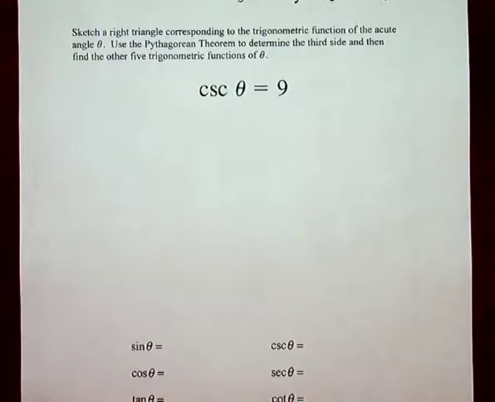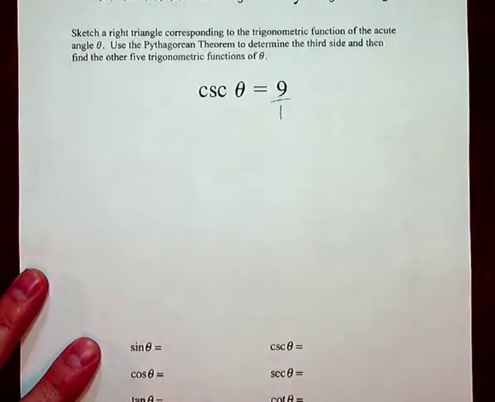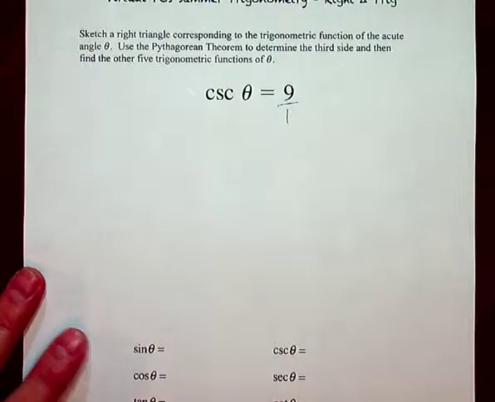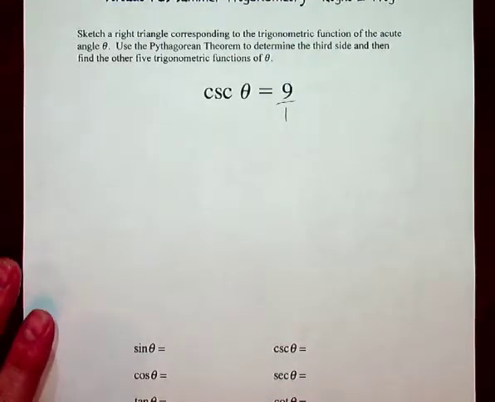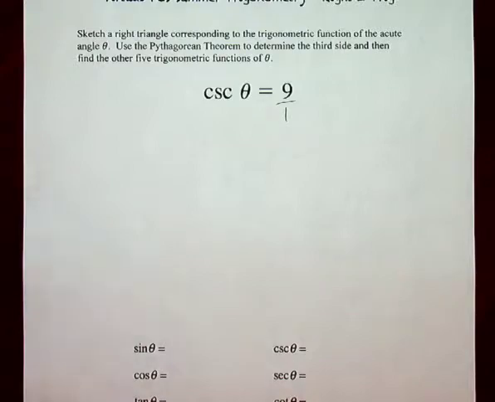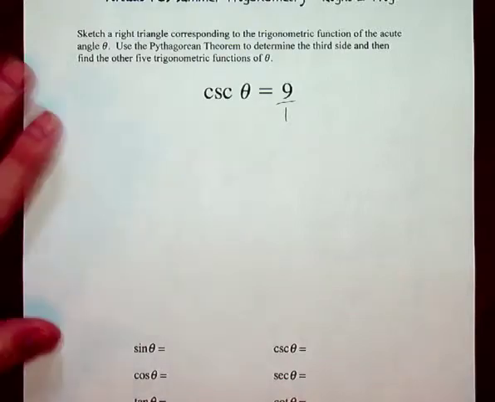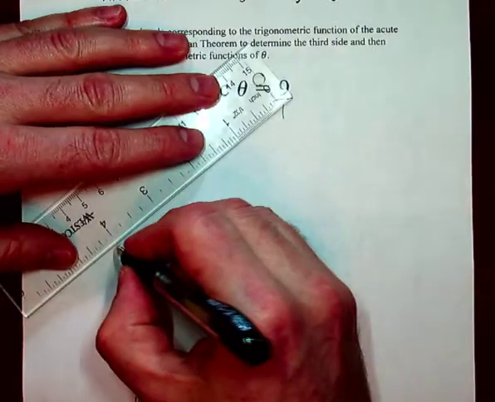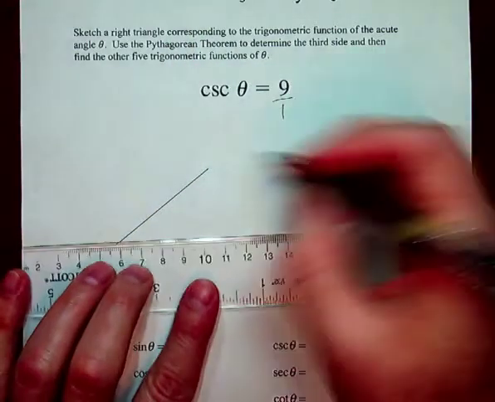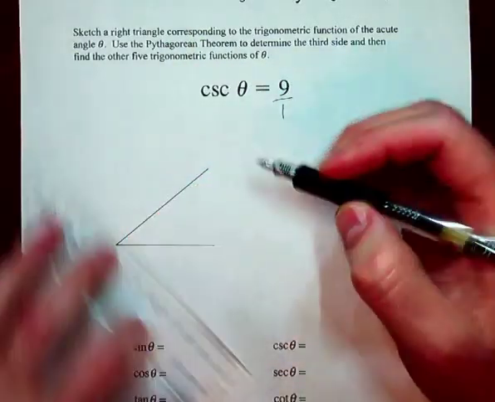But you need to remember that it doesn't need to look like a ratio to be a ratio, right? 9 is a rational number. It is capable of being expressed as a ratio of integers, and therefore we can go ahead and draw our triangle. And remember, like I said, doesn't have to be drawn to scale.